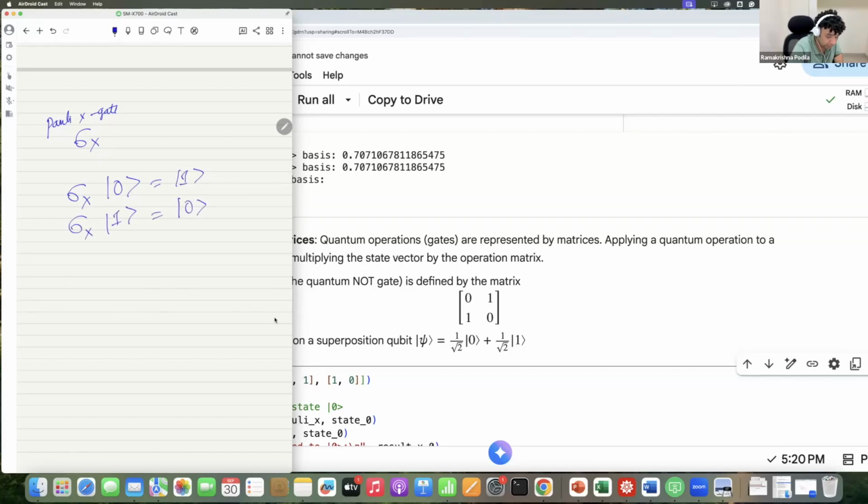So my question is, what would happen if I applied sigma x on 1 over square root 2, 0 plus 1, the superposition state? Would it flip it?